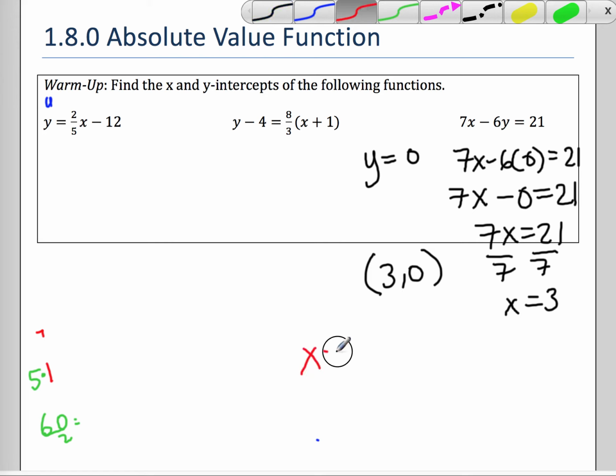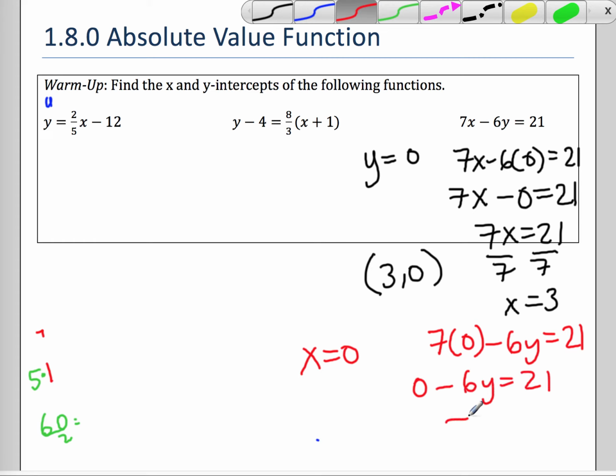Then let's go ahead and set x equal to 0 and solve. So I have 7 times 0 minus 6y equals 21. So 0 minus 6y equals 21, which is just negative 6y. This is kind of like the cover method that we did in class. And we can leave y as negative 21 over 6.